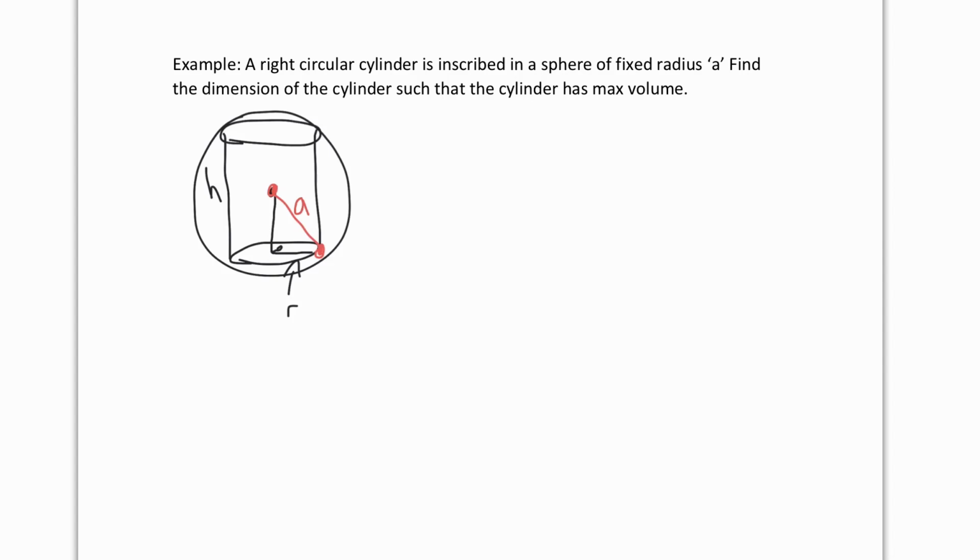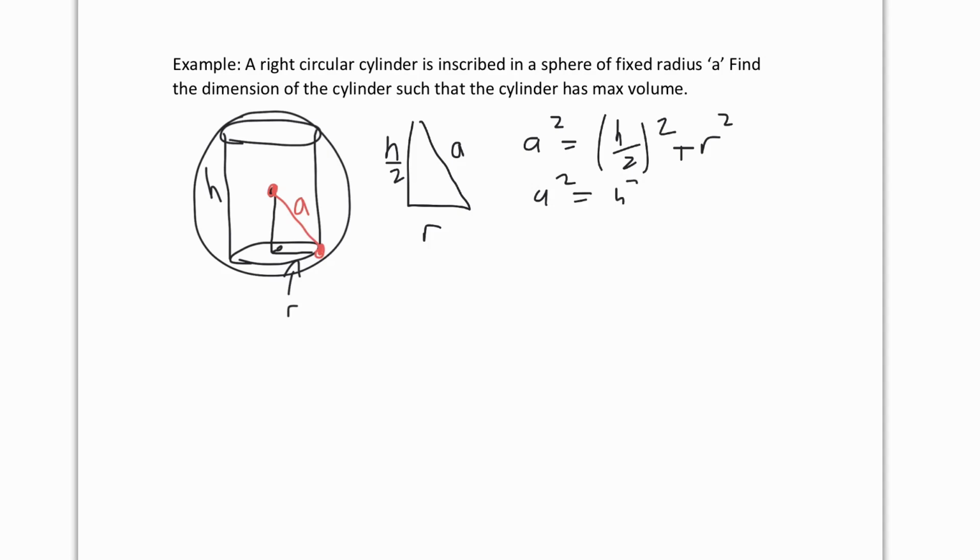And so what I have now is a little triangle that relates a as the radius of the sphere, r, and this won't be h, but it's actually going to be half the height of the cylinder, so h over 2. It's going to be very useful for me because that's going to create a formula. a squared is equal to (h over 2) squared plus r squared. Or a squared is equal to h squared over 4 plus r squared.